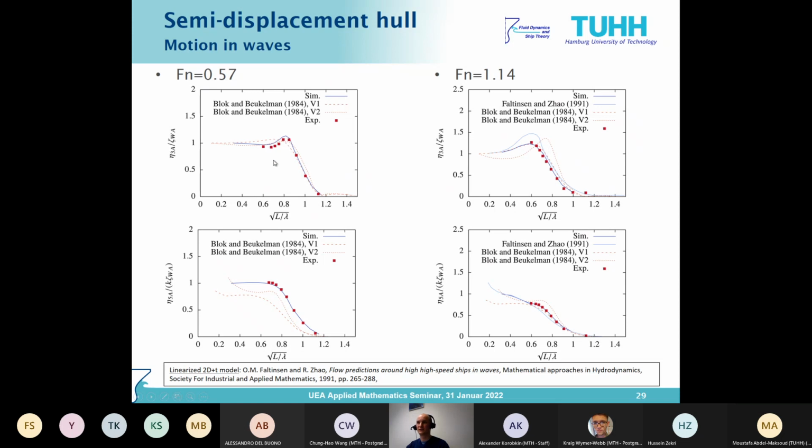You can also see that the simulations are better than those methods published by Bloch and Beukelman in the 1980s, which are two versions of a linearized strip method. For the higher Froude number, the agreement between experiments and simulations is better. So we are quite satisfied with those validations.